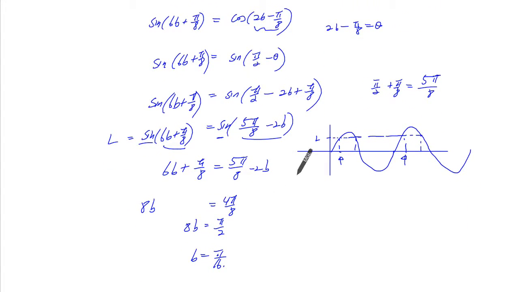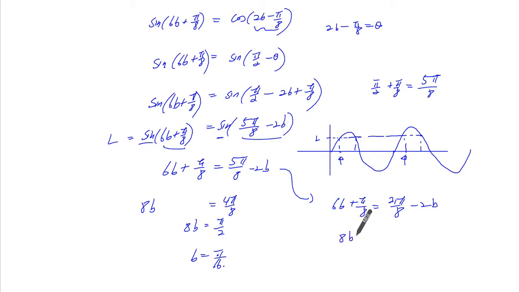But it could also be 6b plus pi over 8, and let's increase this by 2 pi. So if you increase this by 2 pi, you get 16 plus 5, which is 21 pi over 8. Okay, let's solve this.